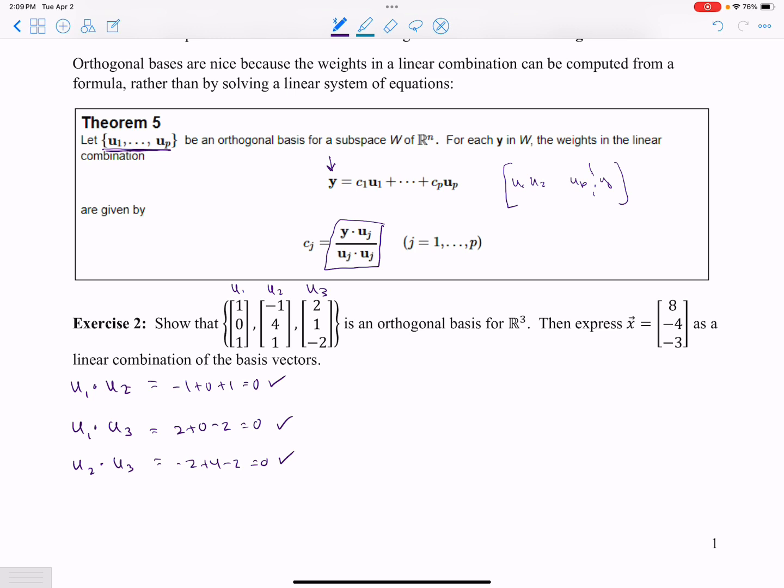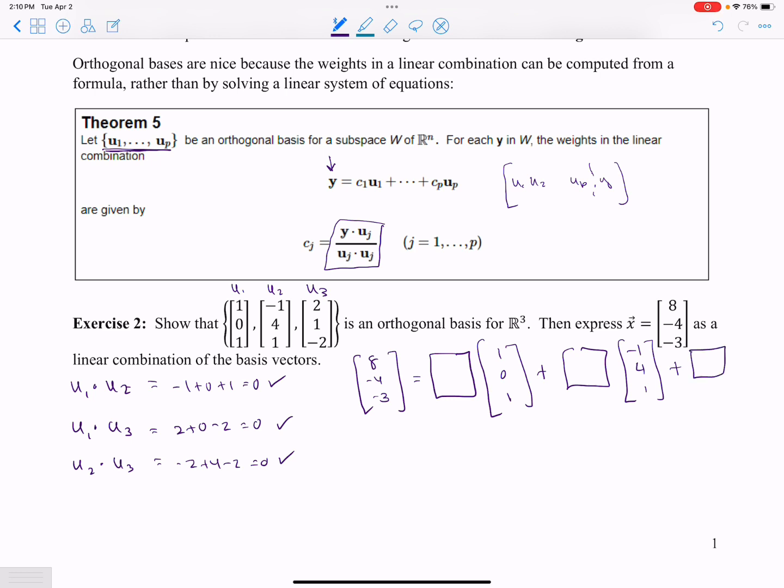I have 3 vectors. So now I want to express the vector (8, -4, -3) as some number times the first basis element plus some number times the second basis element plus some number times the third.